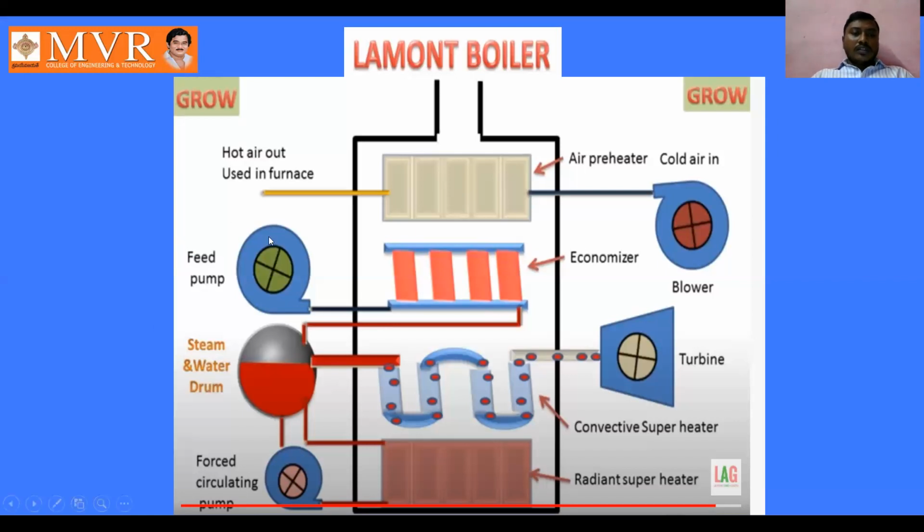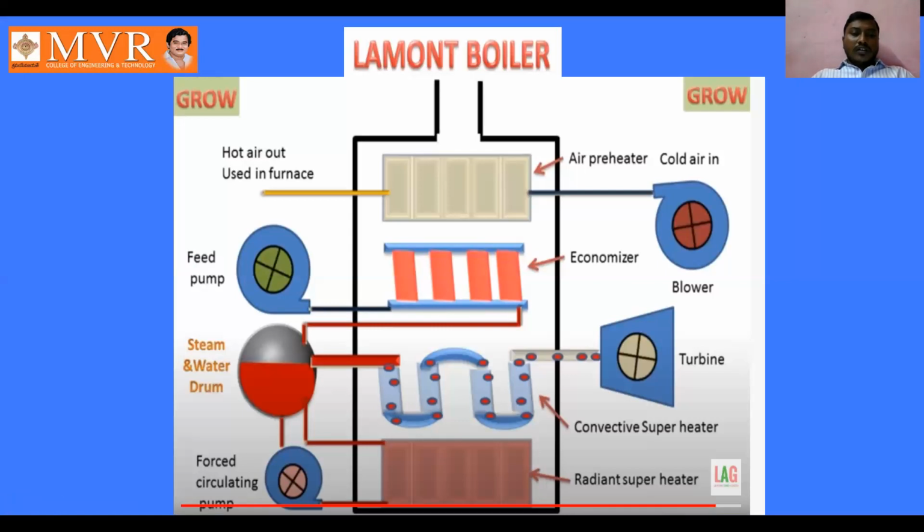The other pump is used to feed water into the economizer. Here the feed water which enters the economizer is heated, its temperature is raised, and it is sent into the steam and water drum.